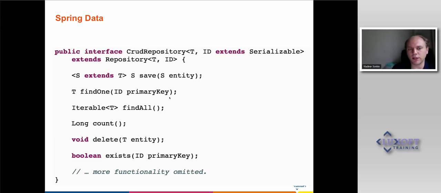For example, saving an entity, finding an entity, finding one entity by its ID, finding all, counting entities, delete, and so on. So we are just able to use the standard implementation, and we do not need to implement the same methods for every entity every time. If we have some entity, we are just using the standard methods, and we have to implement only something which is not standard.